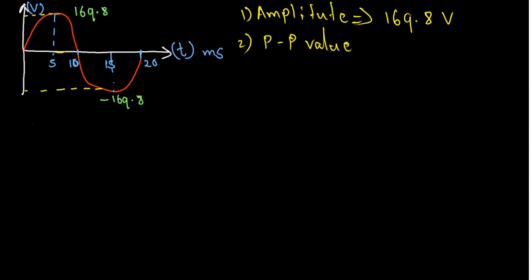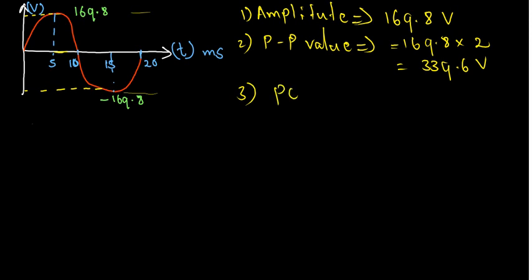What is the peak to peak value for this, from here to here? So 169.8 into 2. What is the answer? 339.6 volts.